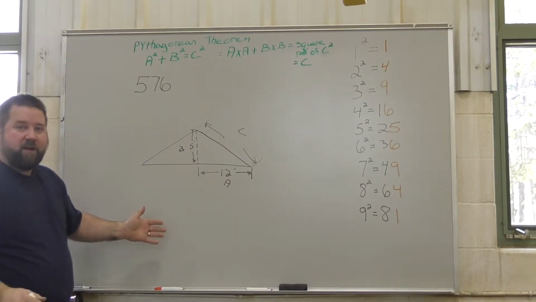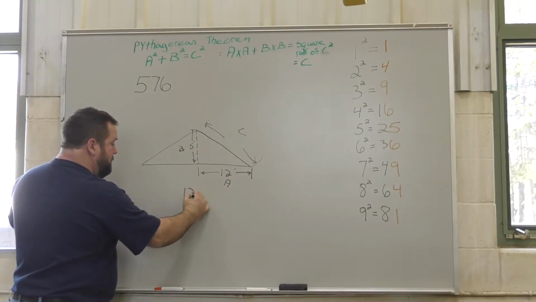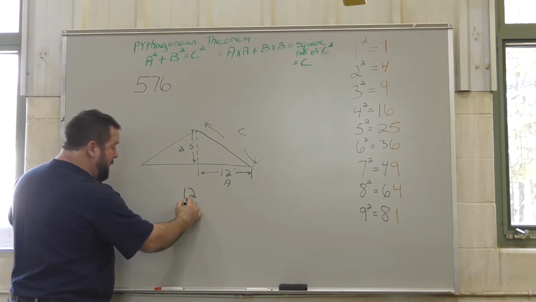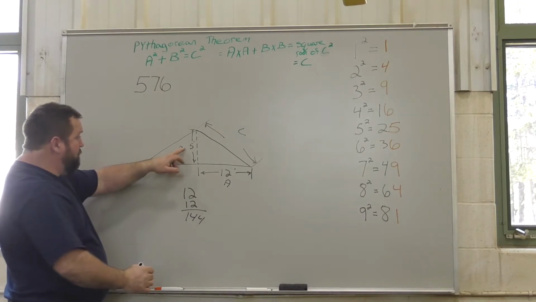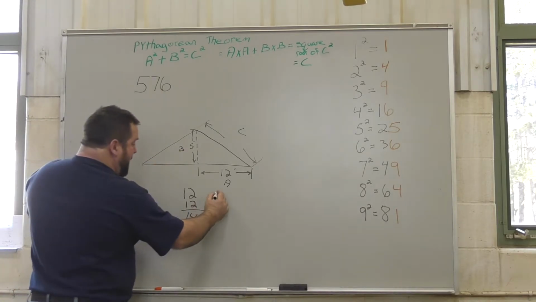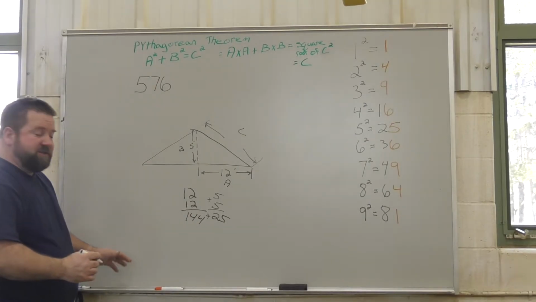So if we do the Pythagorean theorem, we go a squared, which is 12 squared, which means 12 times 12. That equals 144. And then we go b squared, which is 5 times 5, equals 25. Now we're going to add those two numbers together.